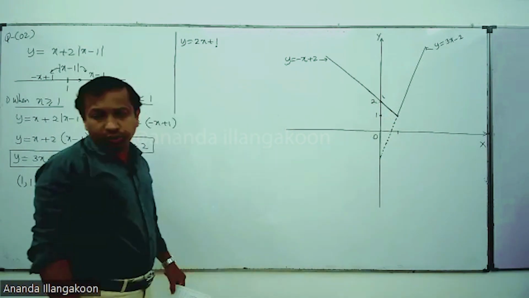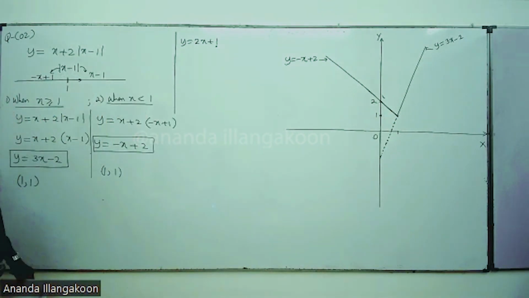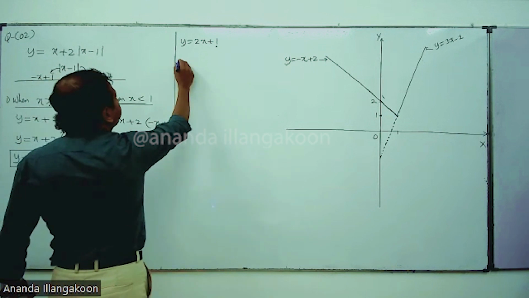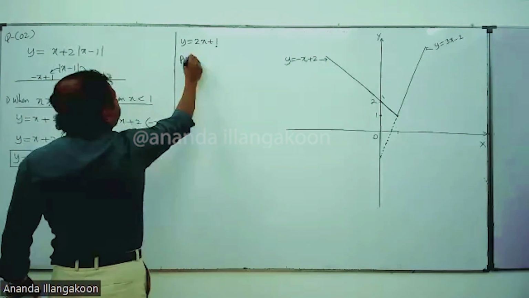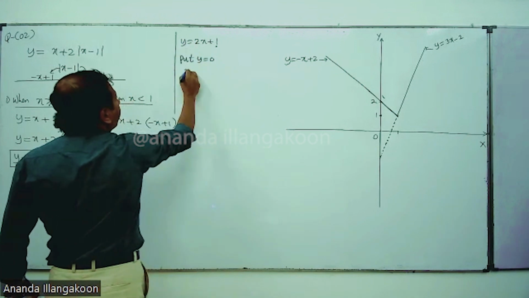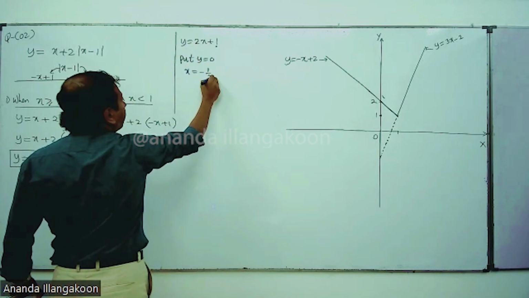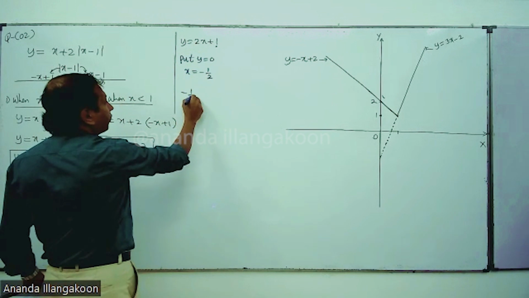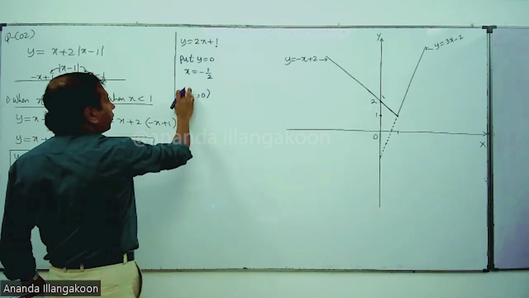Another point we need to find. We'll put y equals 0. X is minus half. The other point is minus half, 0.